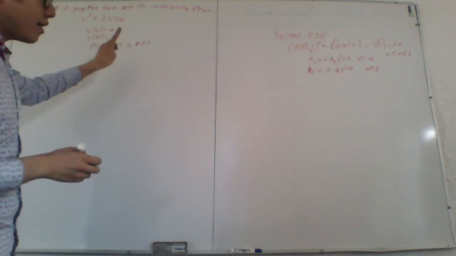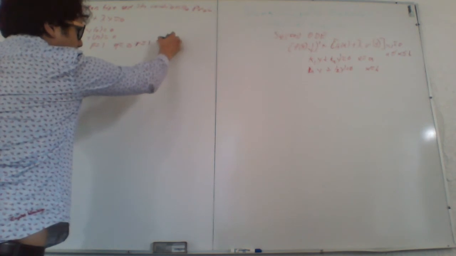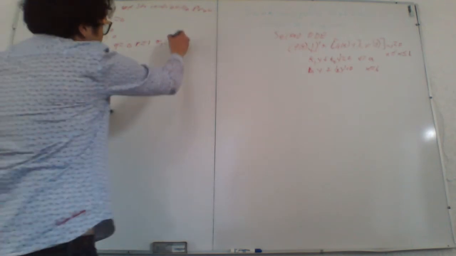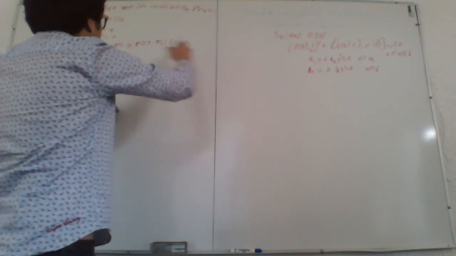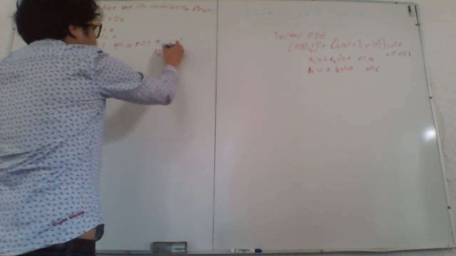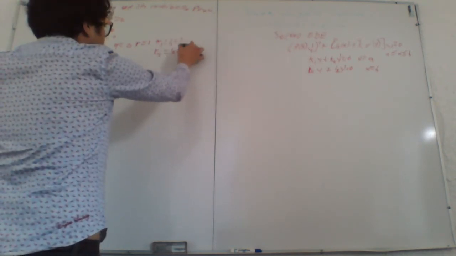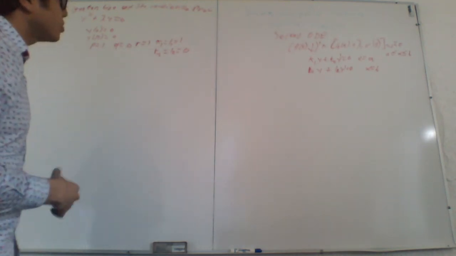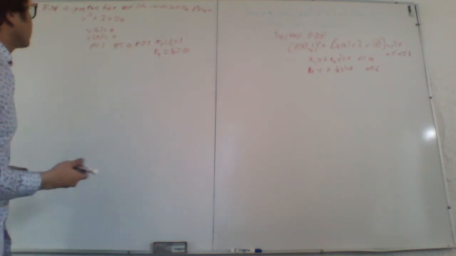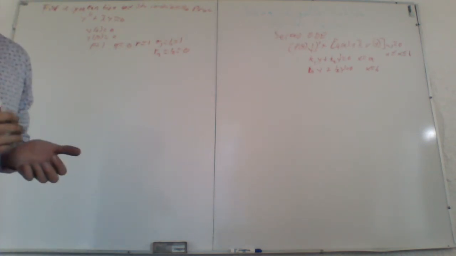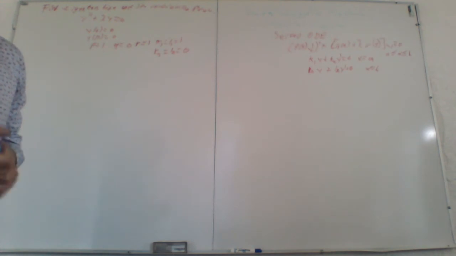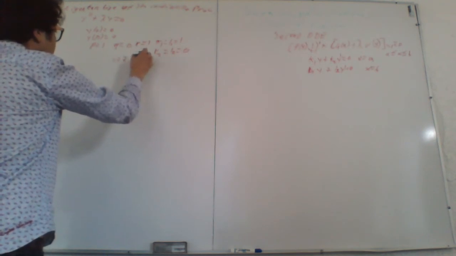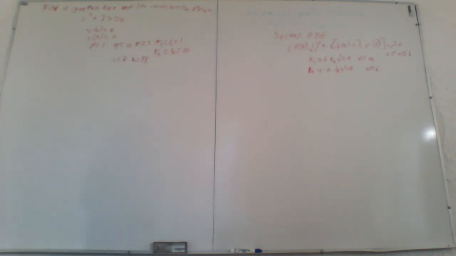From this, k1 equals l1 equals 1, and k2 equals l2 equals 0. Okay? And also we can see that in this case, a equals 2 and b equals pi. Okay?